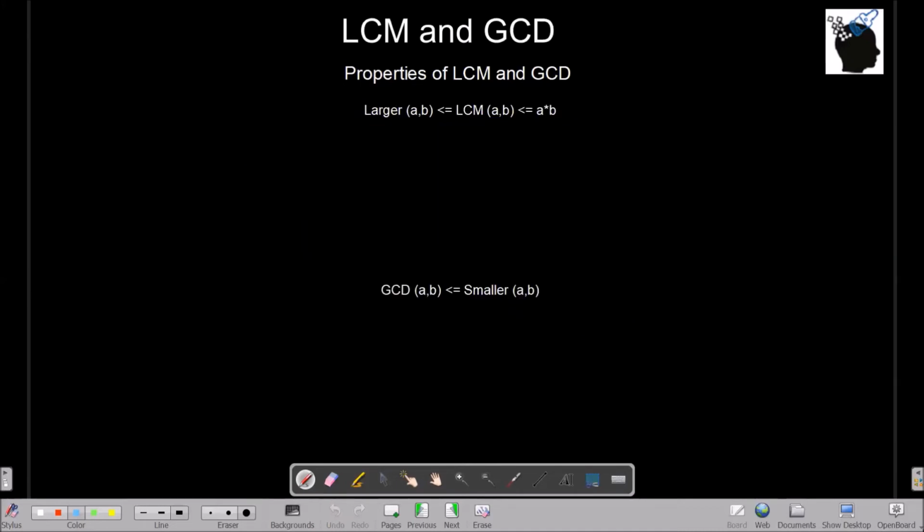Now LCM of two numbers is always greater than or equal to larger of those two numbers and is less than or equal to product of those two numbers. Let's take an example. So let's take the two numbers as 6 and 8. So LCM of 6 and 8, which we have already calculated, is 24. So what we are saying is LCM of 6 and 8 will always be greater than or equal to larger of those two numbers 6 and 8.